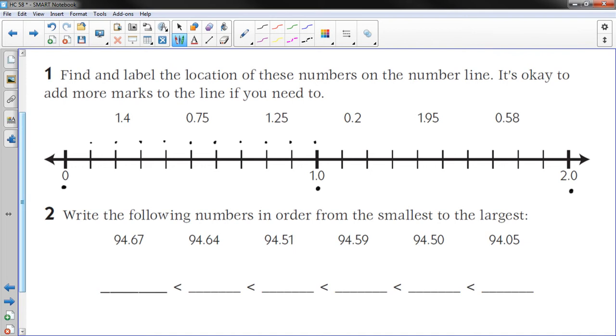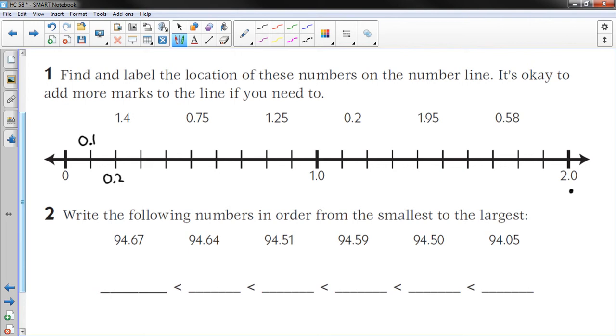So I'm going to write up above what these represent. Those numbers are kind of crowded, so I'm going to alternate. I'll show you what I mean. This is 1/10.